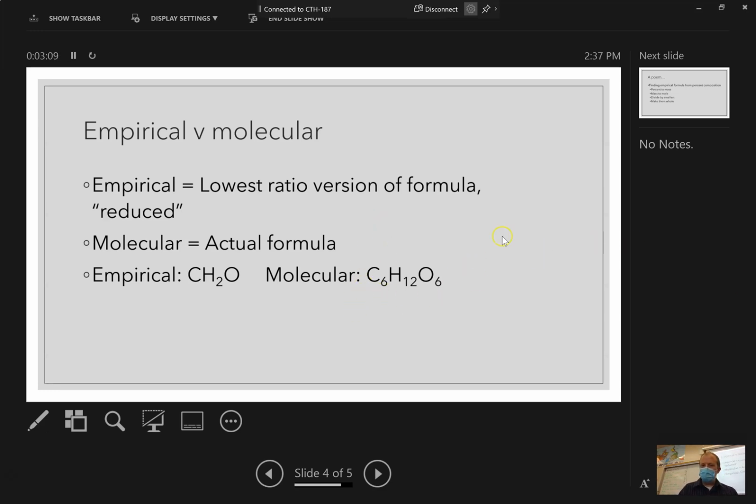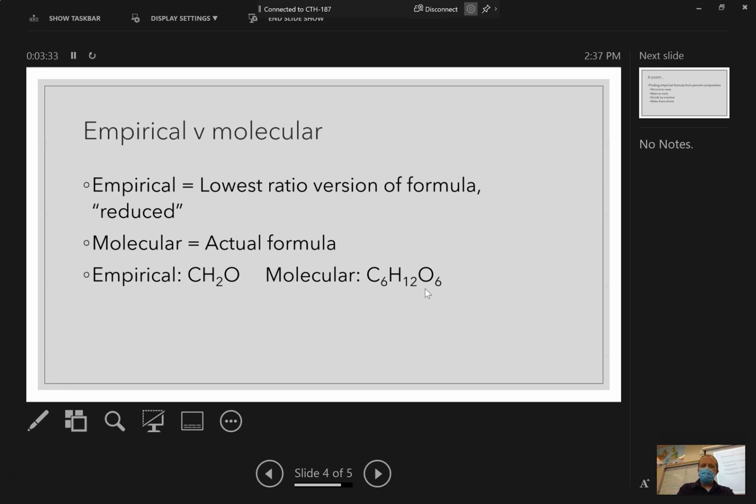So, for instance, C6H12O6, that's glucose. Among other things could have that formula, but one thing that has that formula is glucose. You can reduce that if you divide them all by 6, similar to reducing a fraction. You could reduce that to CH2O.